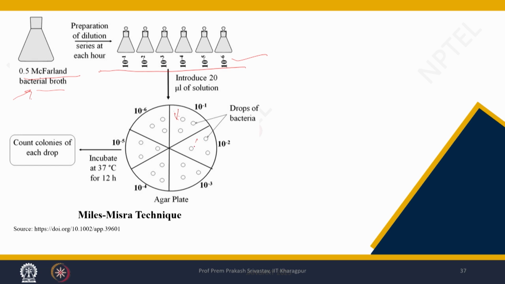This is dilution 1, 2, 3, 4, 5, 6. They are just dropped on the surface and then it is incubated for 24 to 48 hours at 25 to 37 degrees Celsius temperature.